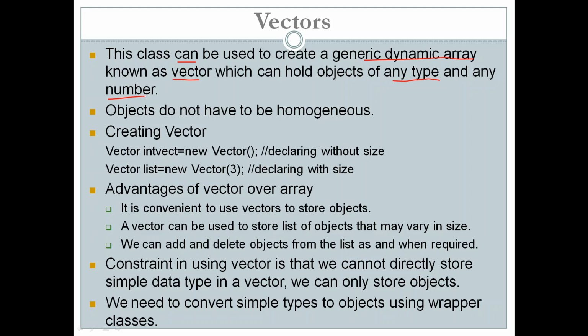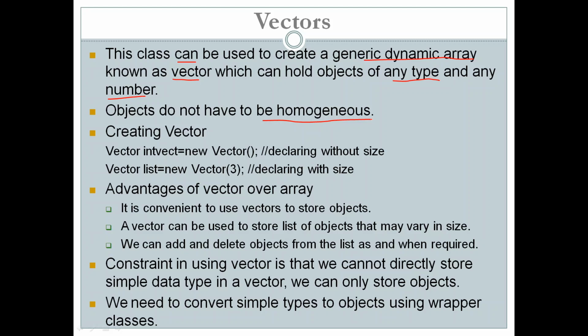So we can add any number of objects into the vector. And one more important thing about the vector is objects do not have to be homogeneous, meaning objects do not have to be of the same type. We can add objects of any type and any size.